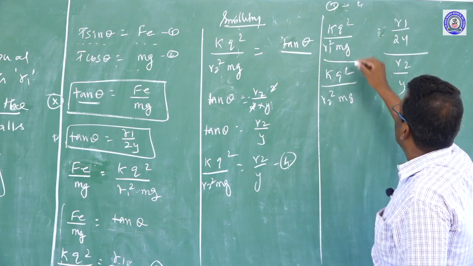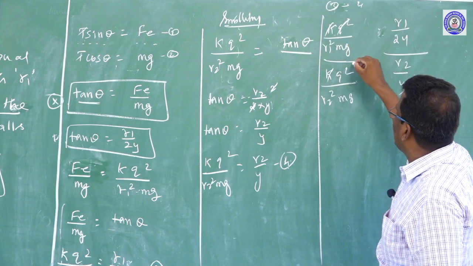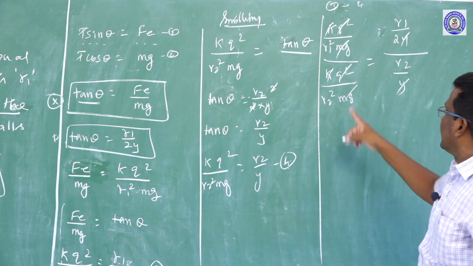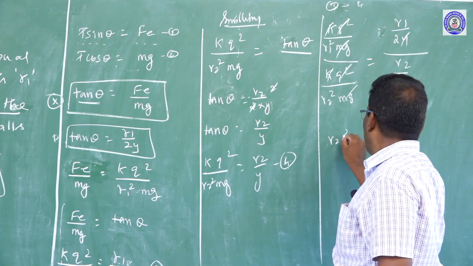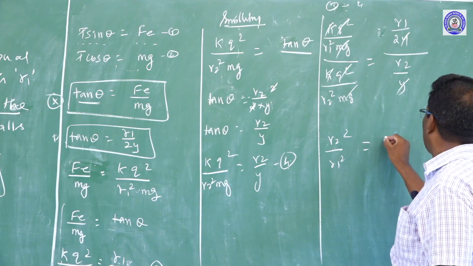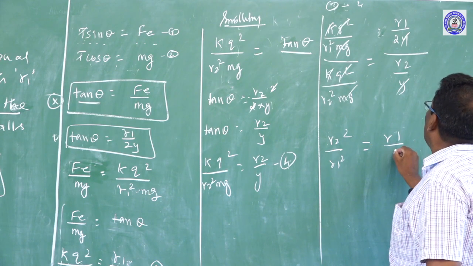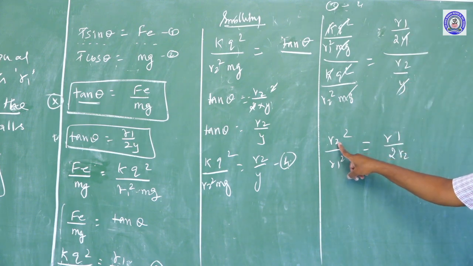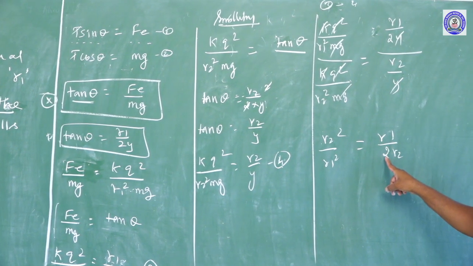Now divide. So k cancels, q square cancels, mg cancels, y cancels. Here r2 square by r1 square is equal to r1 by 2r2, because y cancels.